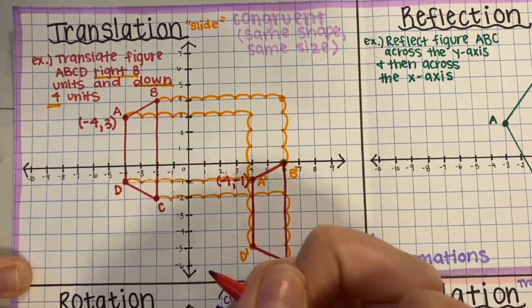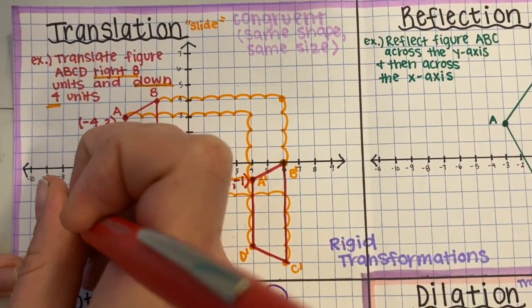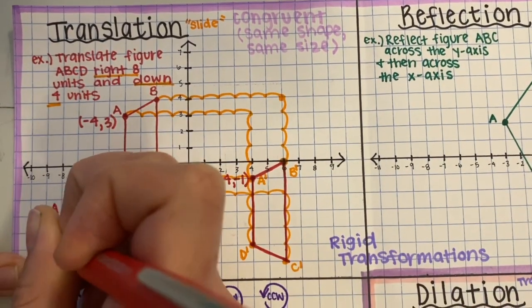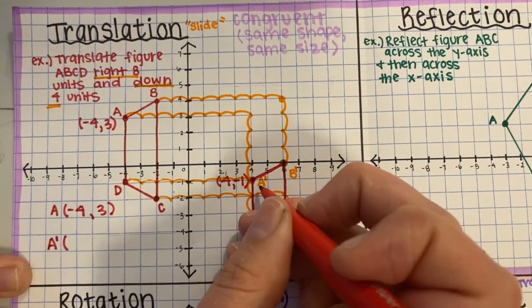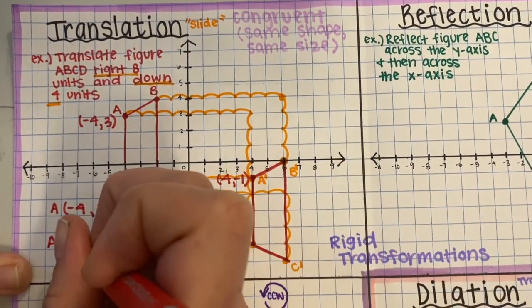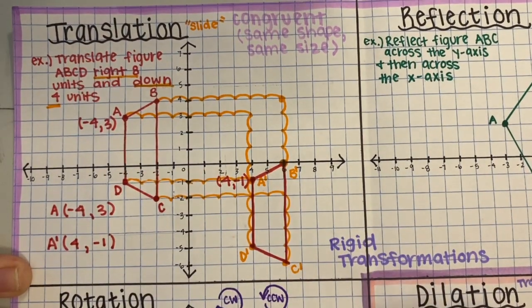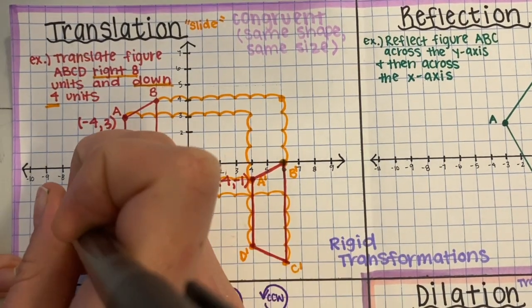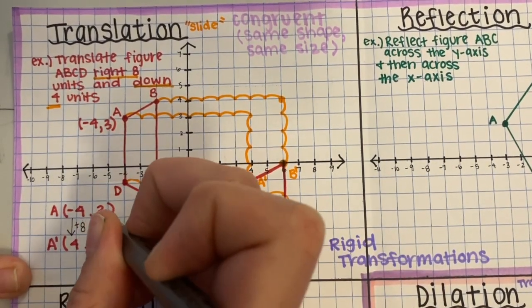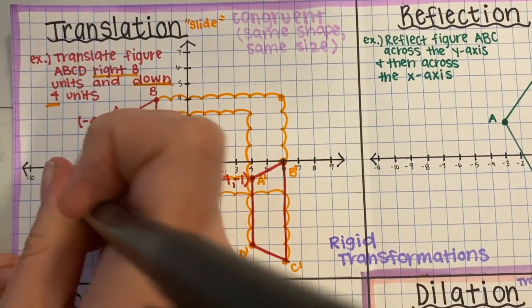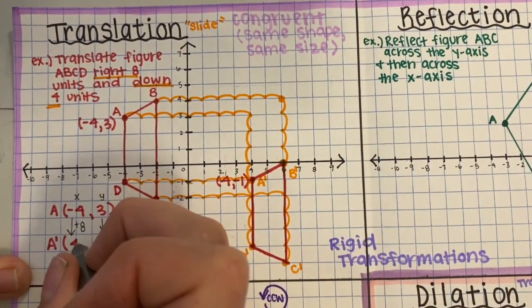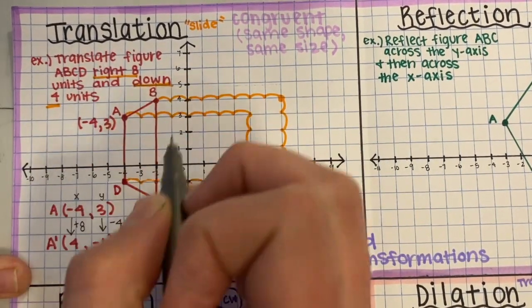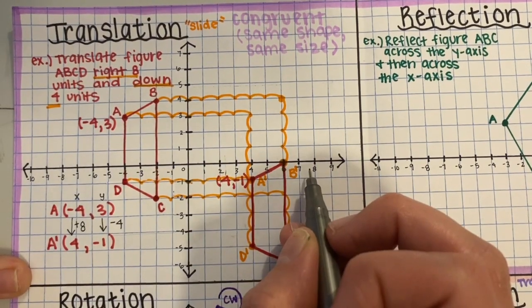So what happens in this translation from (-4, 3) to (4, -1) is we are adding 8 and subtracting 4. So from our x value, we add 8, which makes sense because we're moving right 8. So our x value increases by 8.